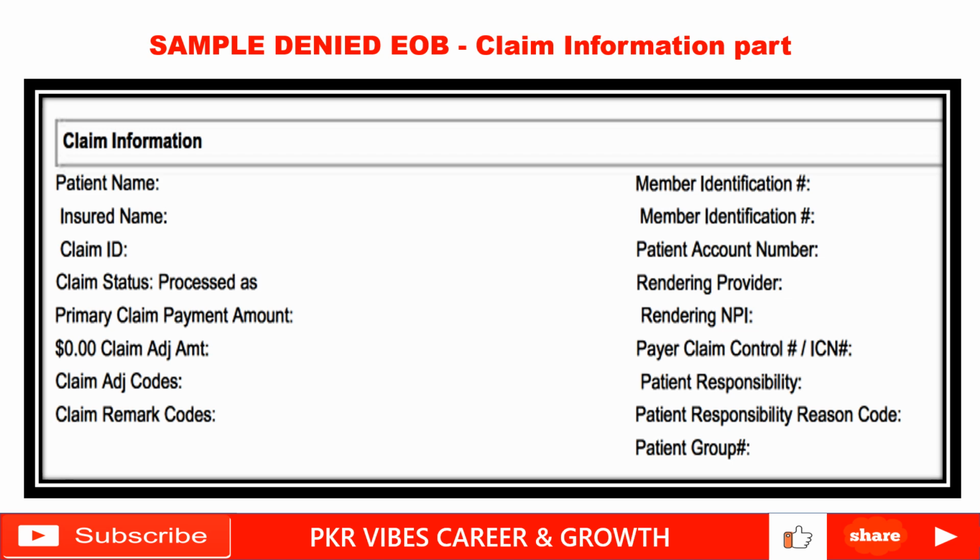Patient account number. The patient account number is nothing but, while the charge entry and demo entry people are working, your doctor will give that particular information. I mean, the charge entry and demo entry people will give the particular account number. One number is generated while they are providing patient details and service details into the system.